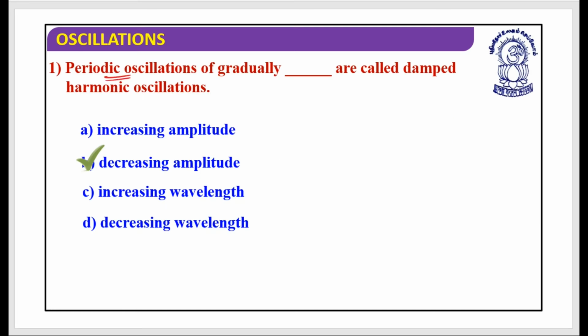The question says: periodic oscillations of gradually blank are called damped harmonic oscillations. Yes, they are the oscillations of decreasing amplitude.